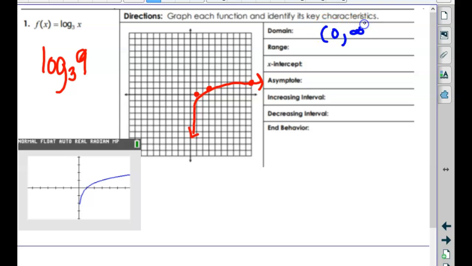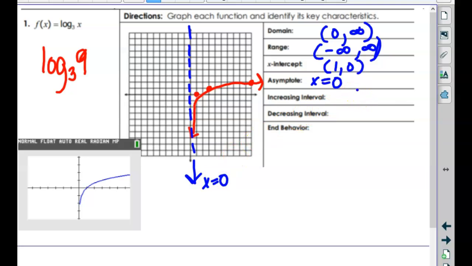Domain would be 0 to infinity. Range would be negative infinity to infinity. X-intercept was 1, 0. The asymptote is the x-axis, the y-axis, just kidding, which is x equals 0. And it is increasing only.